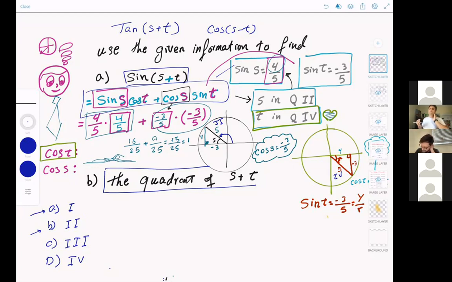The best way to solve a question like this is to randomly pick a value for S. S is in quadrant 2, correct? Give me one number for S. What degree should it be? It should be between 90 and 180, correct? For example, 100. I randomly pick 100 degrees, in quadrant 2, somewhere here. What about T?